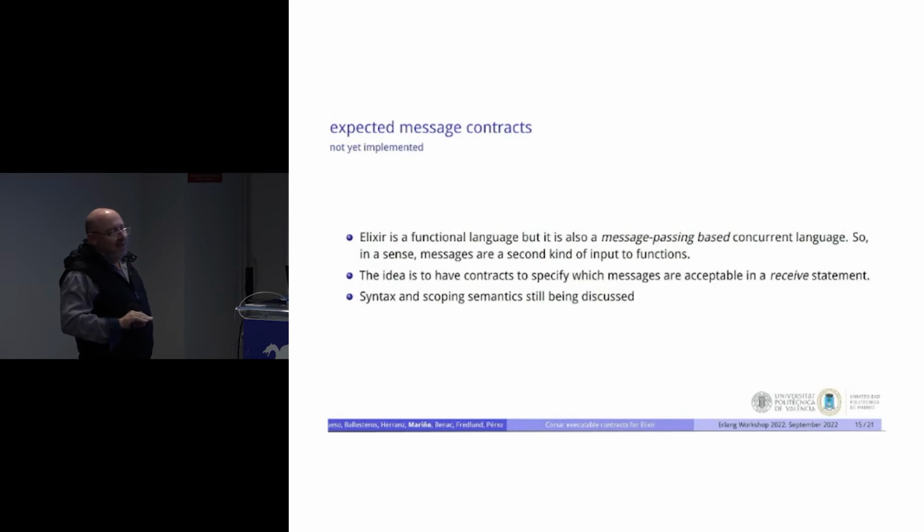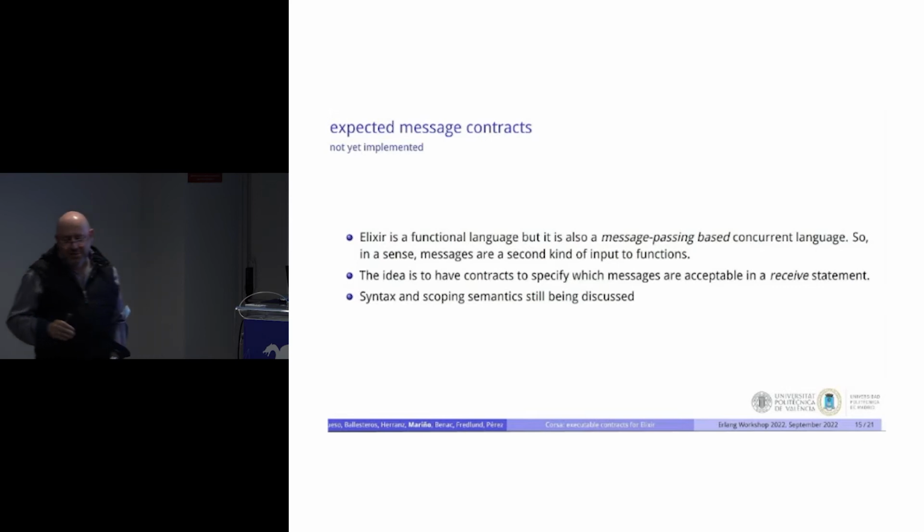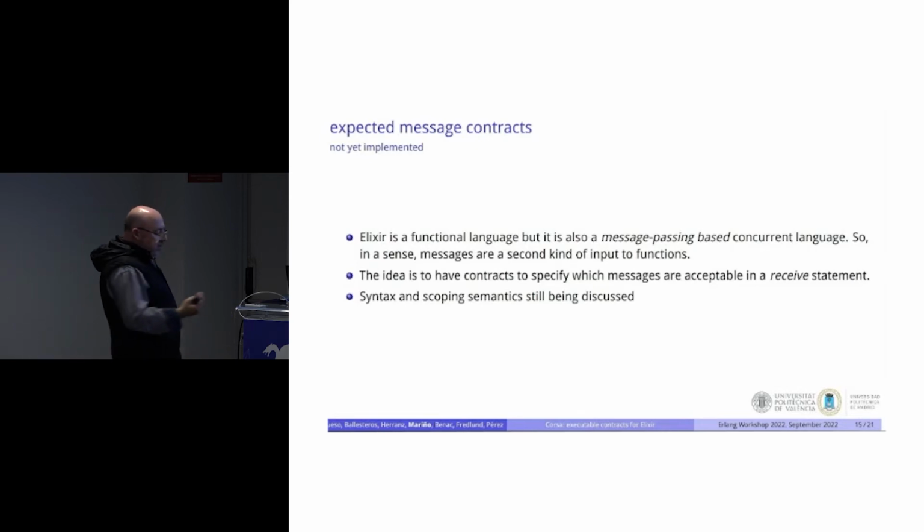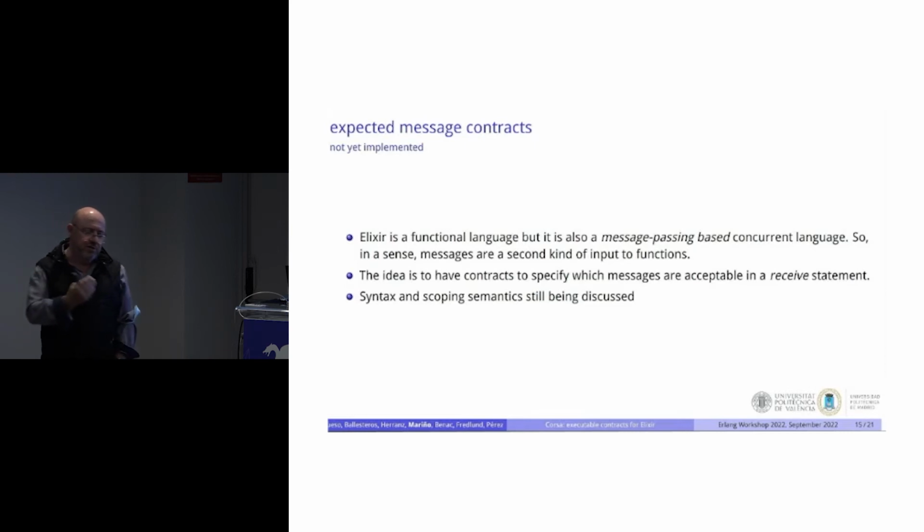So the next set of contracts that we can consider is, of course, contracts that have to do with concurrency, with communication. So if we consider that we have a functional programming language, in a functional programming language, pre and post conditions are the obvious contracts, because you have single input and single output.